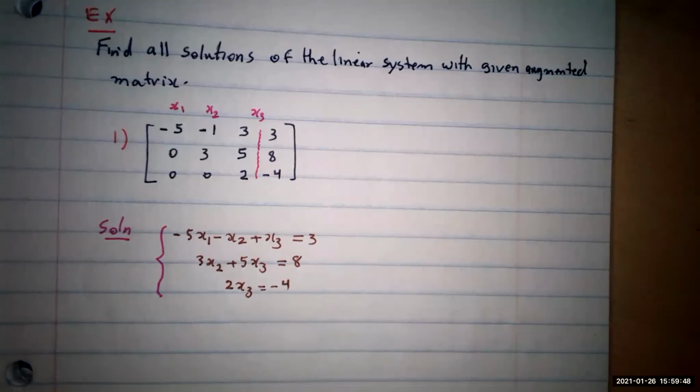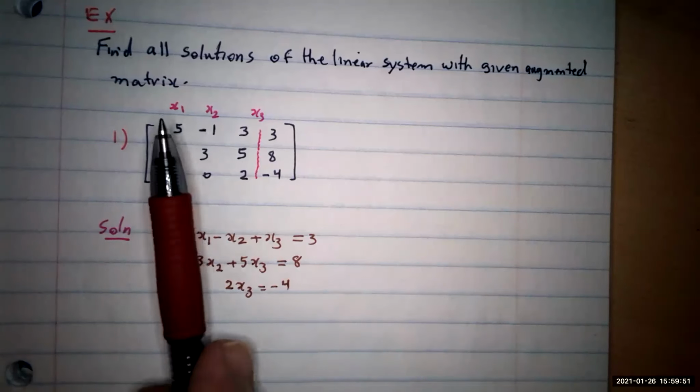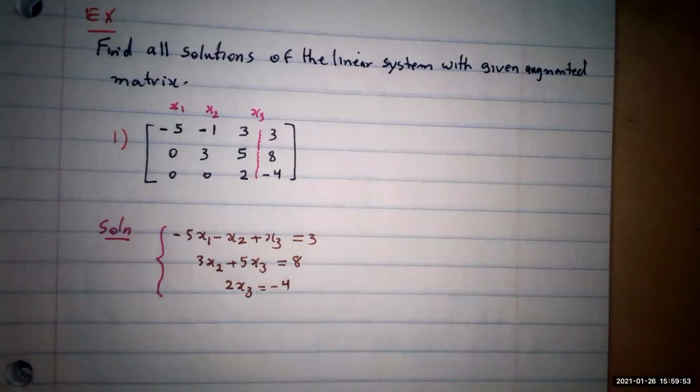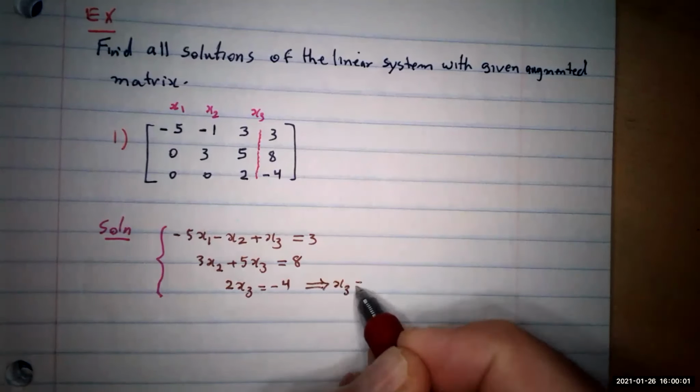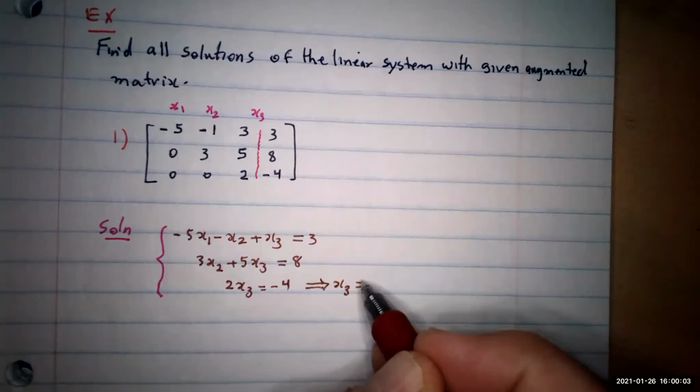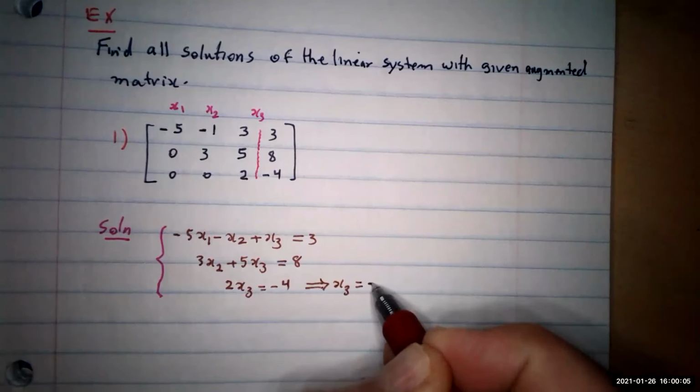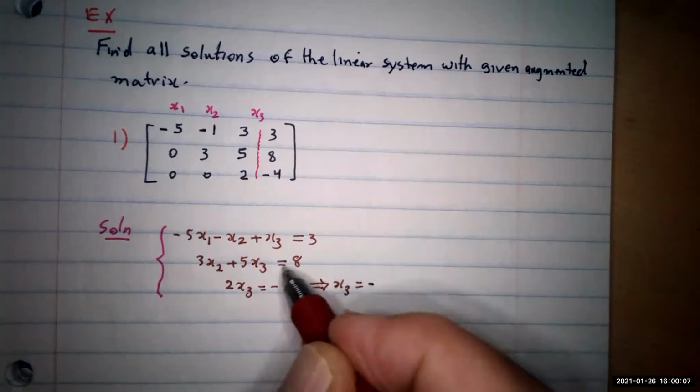That's what I was talking about. If this non-zero is farther to the right, this is always going to be the result. So from the last part, quickly, we can find x3. That gives x3 equal to -2 right away.